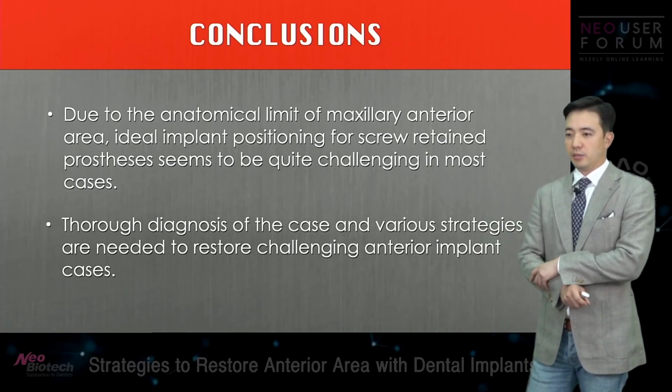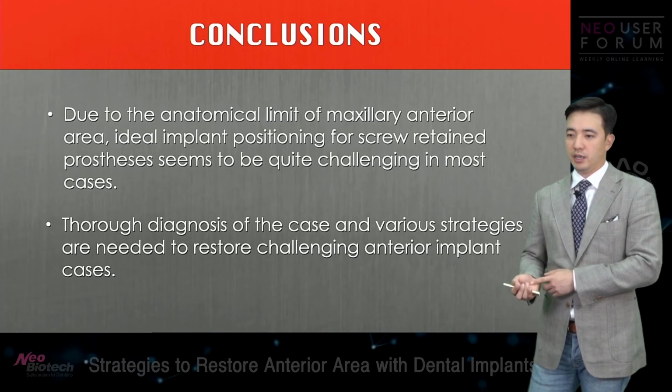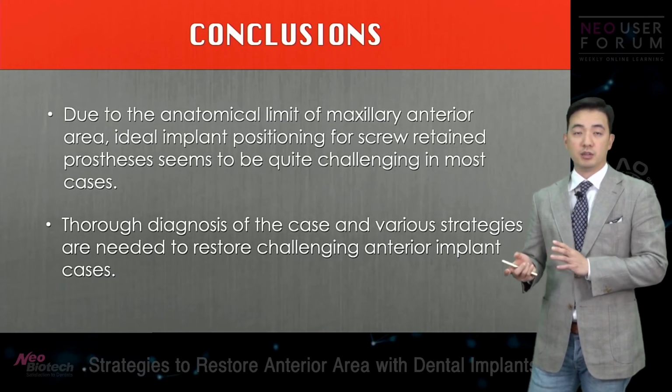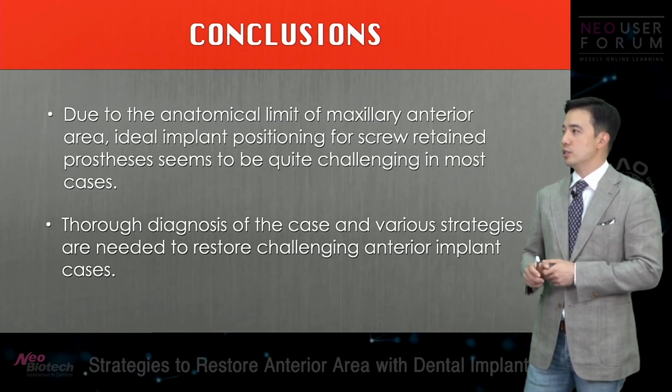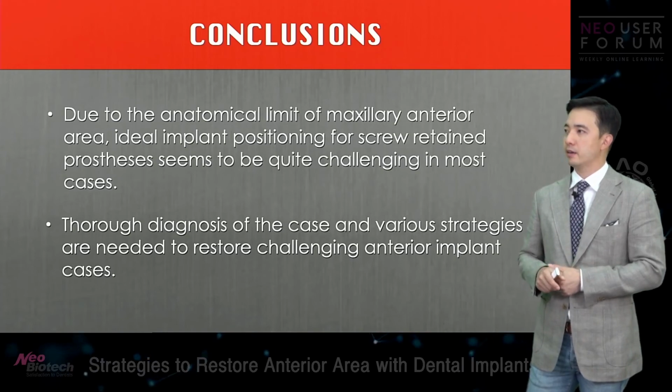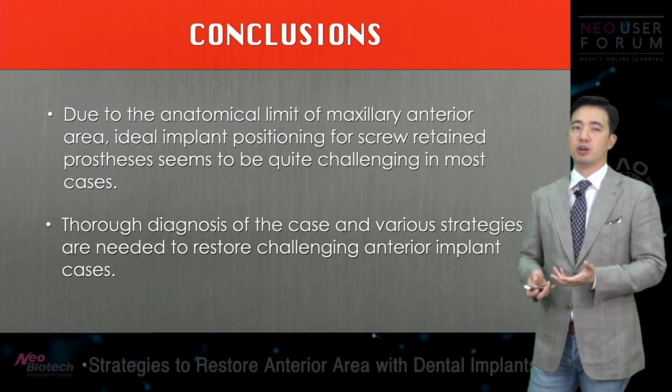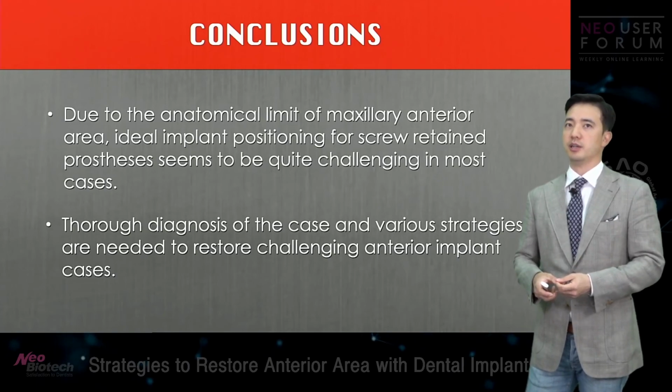Due to the anatomical limit of the maxillary anterior area, ideal implant positioning for screw-retained prosthesis seems to be quite challenging in most cases. But we still strive to do that, right?